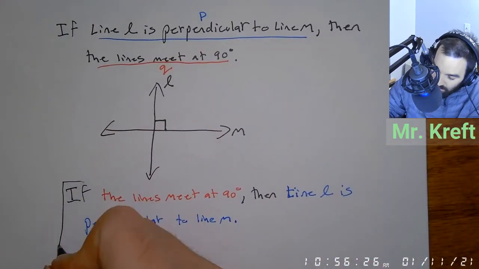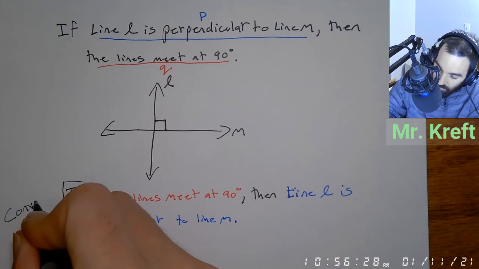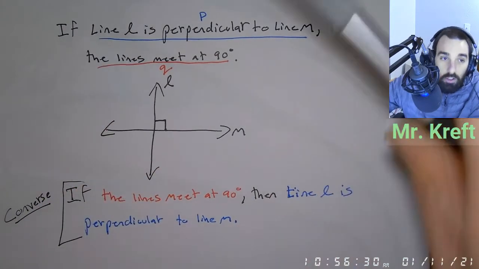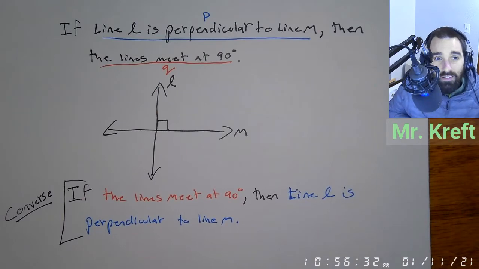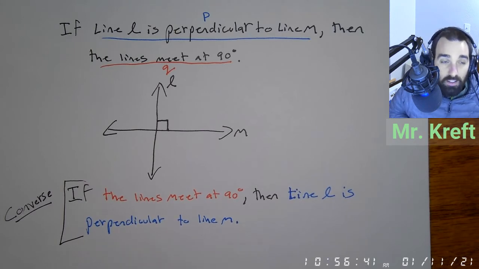Right? This is a converse. So it turns out that if a converse is true and the conditional statement is true, it is called biconditional.